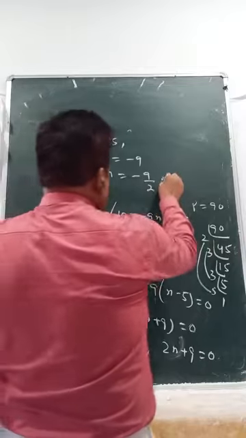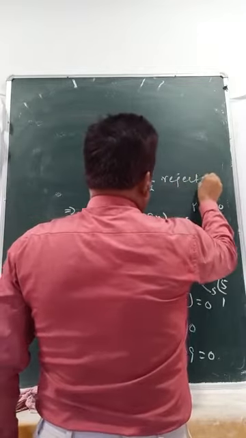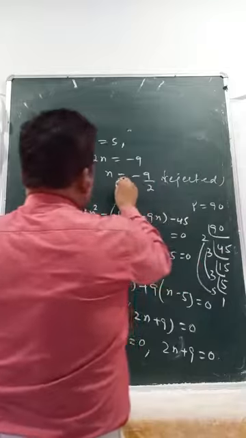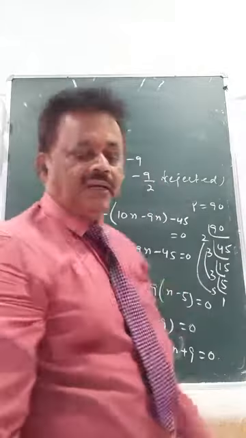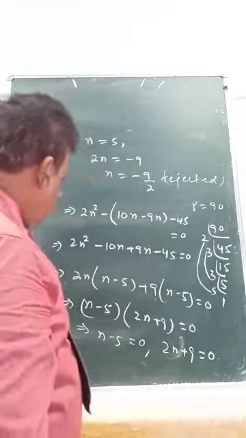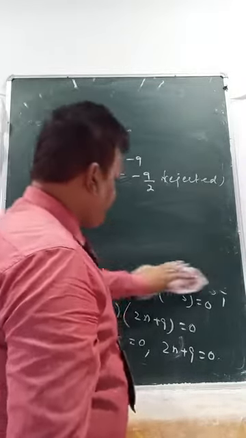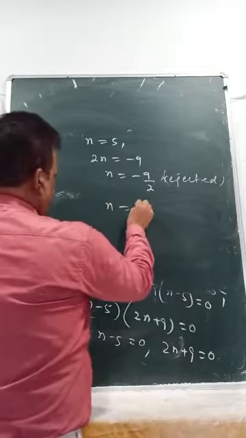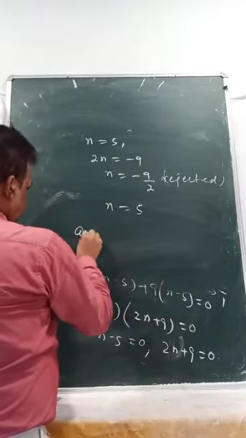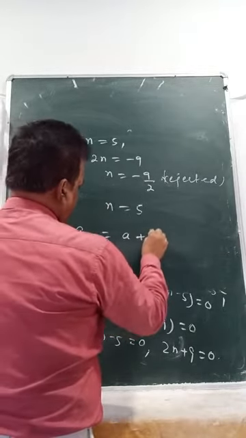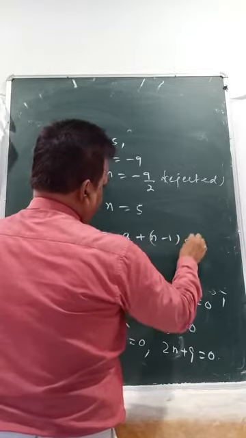But this is rejected. Why is this rejected? Because the number of terms cannot be negative or a fraction. So what did we get then? We got n equals 5. Now what is n? Like a plus n minus 1 into d.